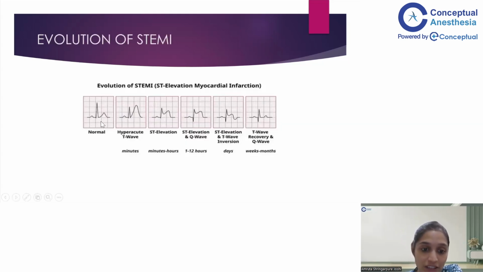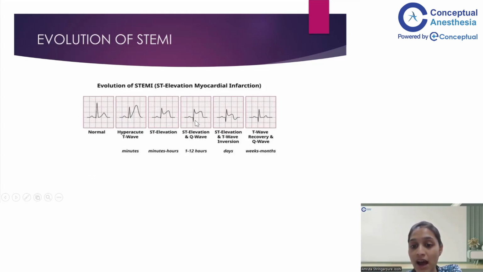This is how your ECG will change. As soon as the pain sets in, you may not get the classic changes in the ECG. All you'll get is a hyperacute T wave. After this, it is followed by ST elevation. Then comes the Q wave.